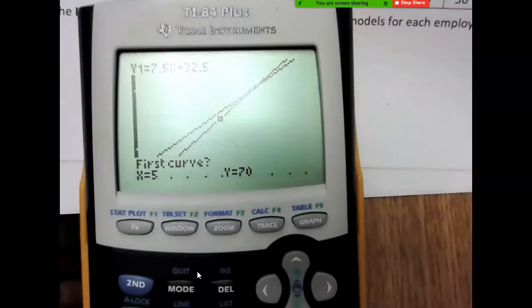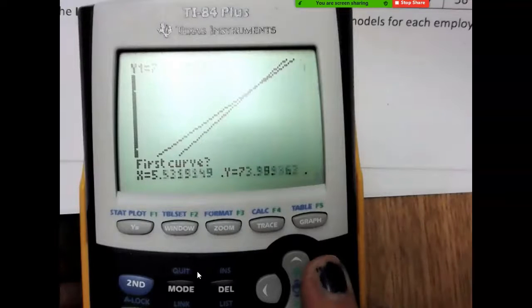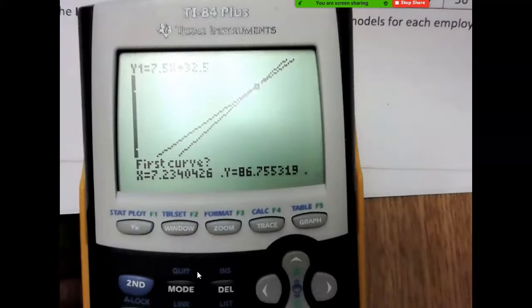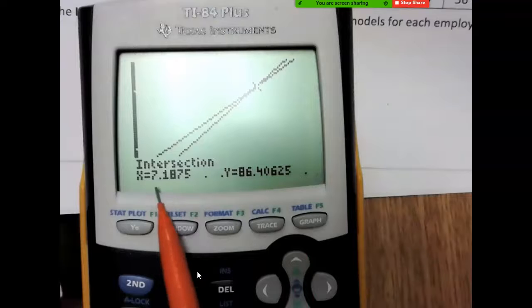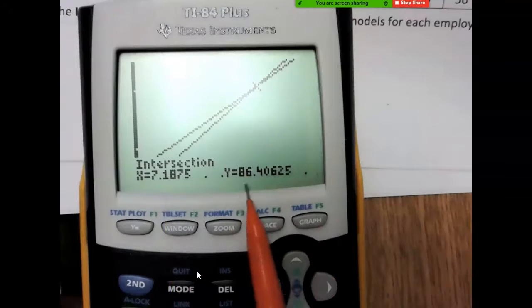So we're going to go down to 5. I'm going to move my flashing cursor to about where they hit each other, and I'm going to hit enter 3 times. And I see that they intersect in week 7 at 86 pairs of shoes.